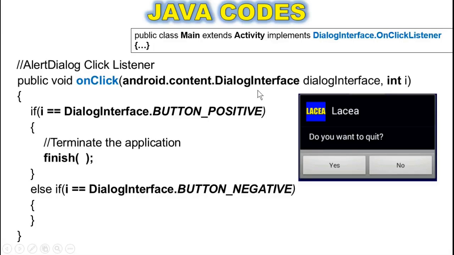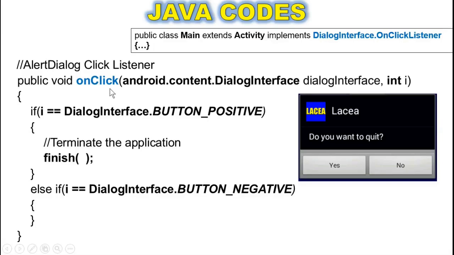The btn exit will not use this method onClick. It is used exclusively for the DialogInterface, which are the buttons yes or no of the confirmation box or the alert dialog message box.